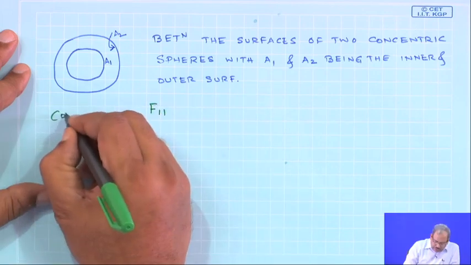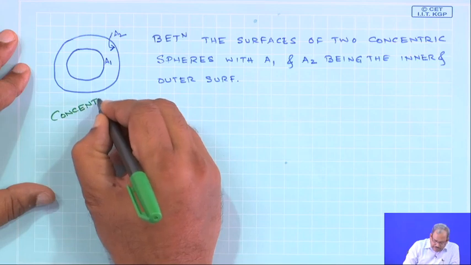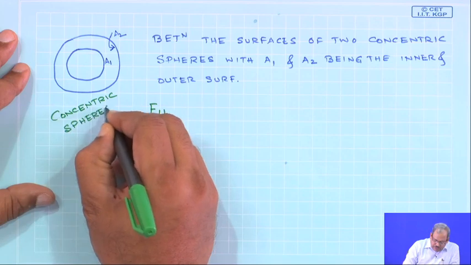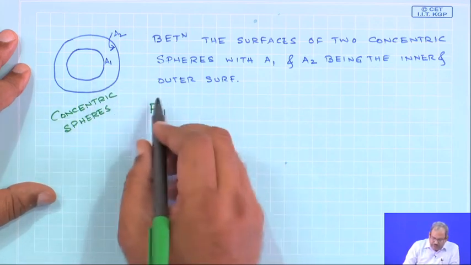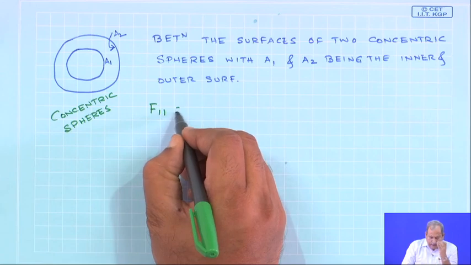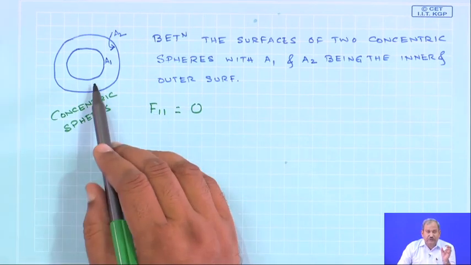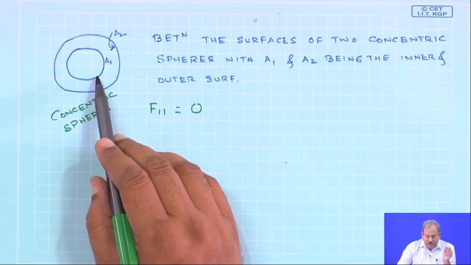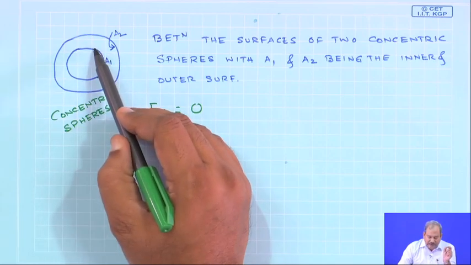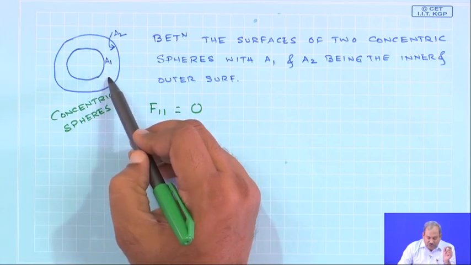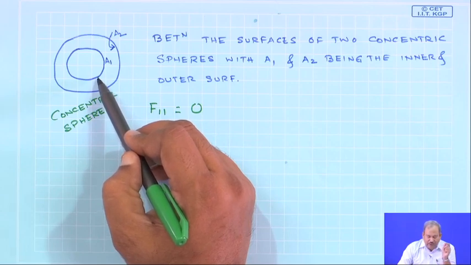F11, this is concentric spheres, and we have something in between, the intervening space. F11 has to be equal to 0, because F11 constitutes a convex surface. So, for a convex surface, the view factor of the surface to itself must be 0, because any emission coming out of A1 is not going to fall directly on A1 again.